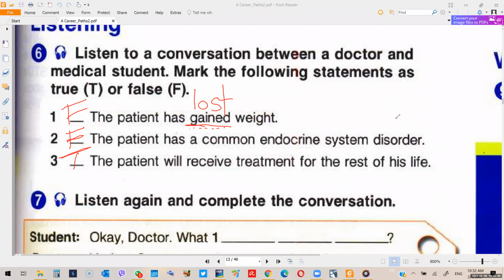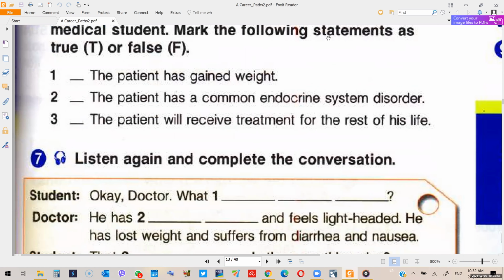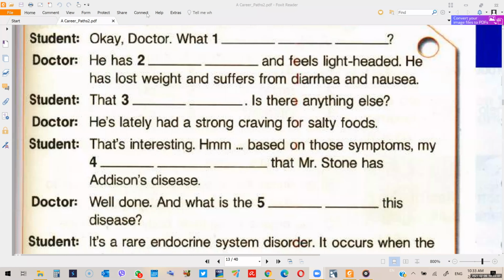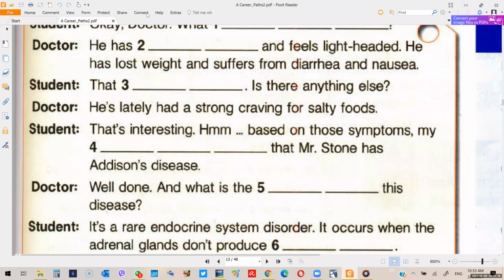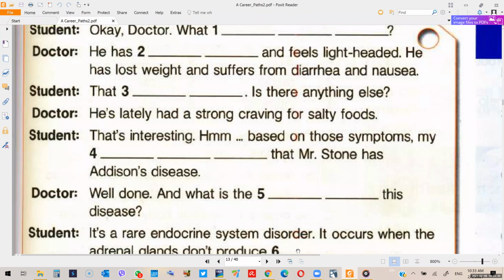Very good. Now, we have to listen to the audio again, to the conversation between the senior doctor and the student doctor to finish the exercise here. So we have an exercise in here. Okay, so we can finish the conversations.